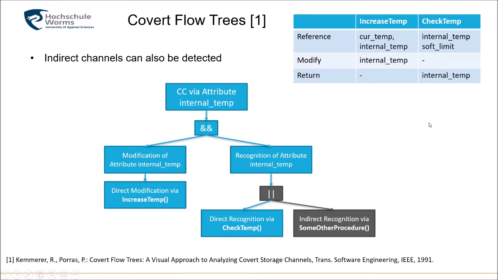Indeed, there's more to say about covert flow trees. There are also indirect channels feasible. Let's say we can indirectly, because there are some operations that are influenced by internal temperature and some other return value is then calculated based on that, and we indirectly have a recognition of the value using some other procedure. That's also feasible. And then we would have a logical OR here because we just need to fulfill one condition. Anyway, I don't go into this detail.